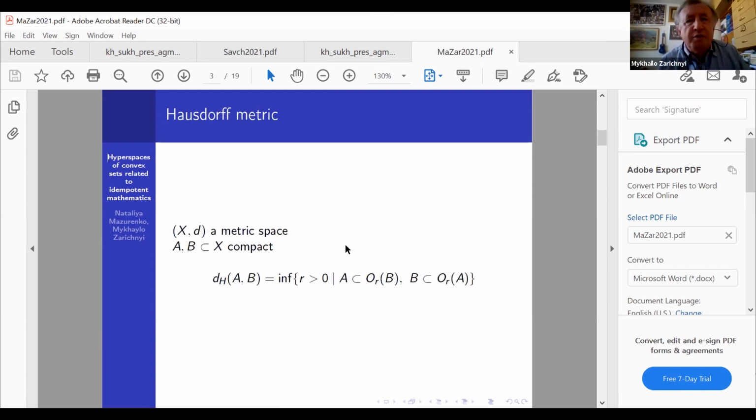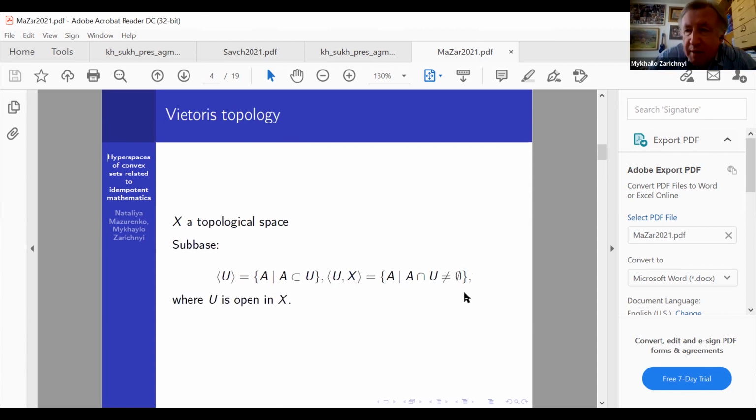So, I briefly recall that if we have a metric space X with metric D, and if we have two compact subsets of X, and I suppose that these two subsets are non-empty, then the Hausdorff distance between these two sets, dh maybe, is the infimum of positive numbers R such that A, the first set, is contained in the R neighborhood of B, and also B is contained in the R neighborhood of A. But in the absence of metric, we endow the hyperspace with the so-called Vietoris topology.